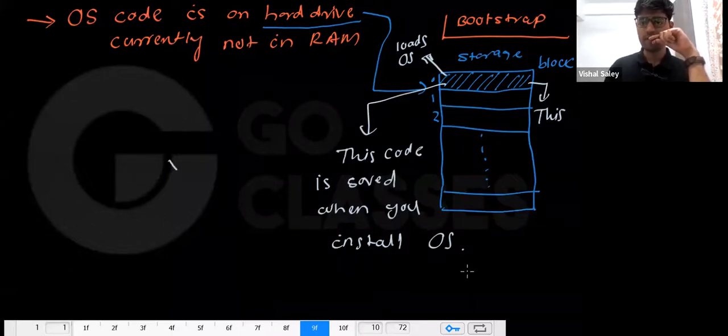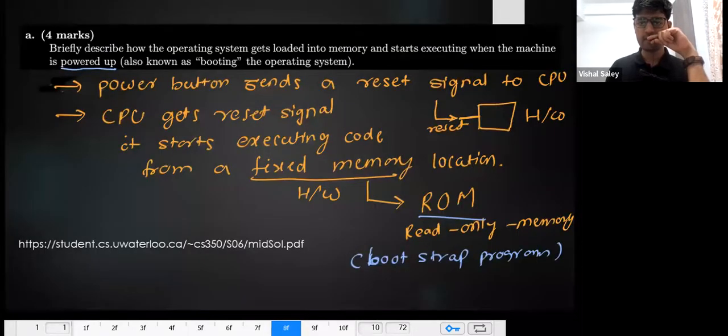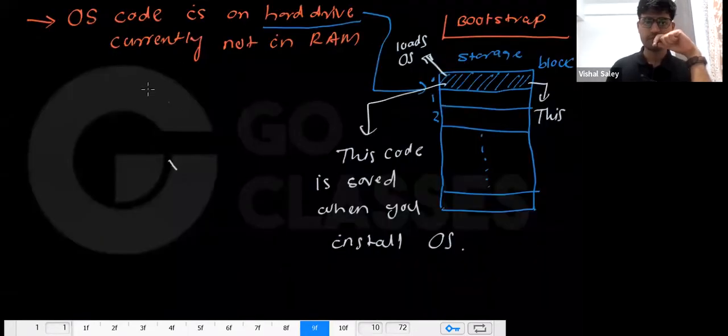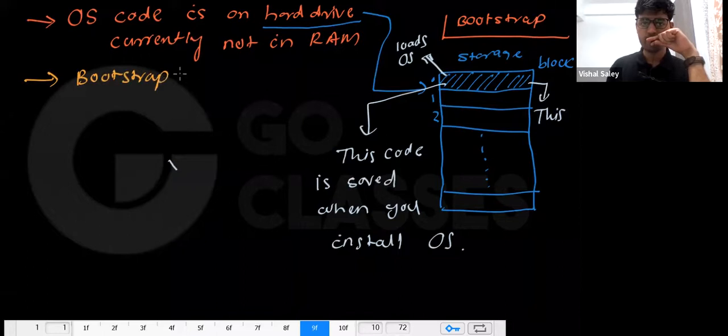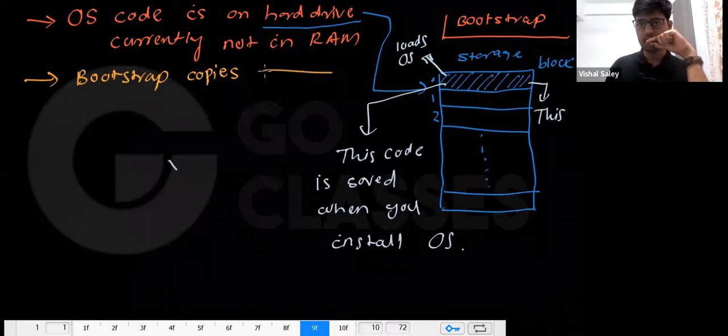Now what happens is basically this. Remember that we have started running the bootstrap, right? The bootstrap copies this particular code, these particular rows, into RAM, into main memory.